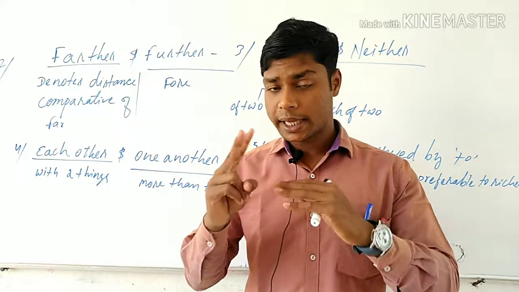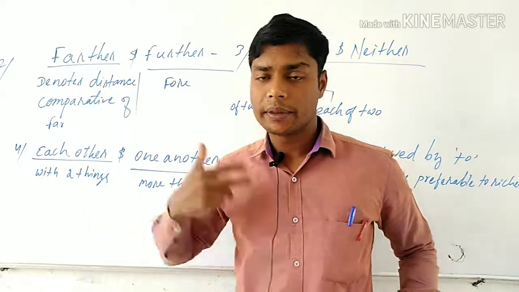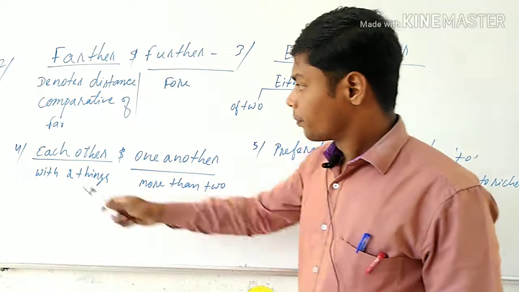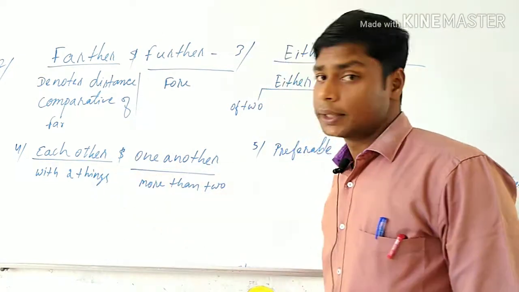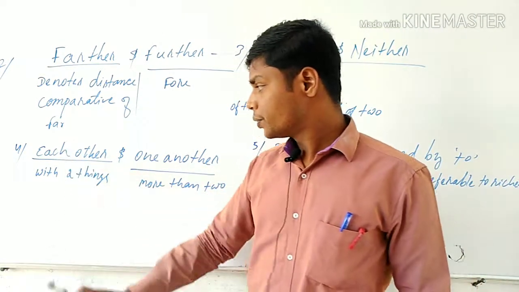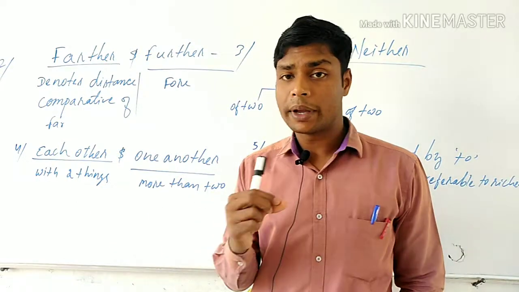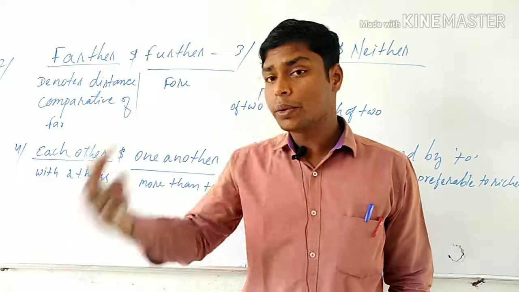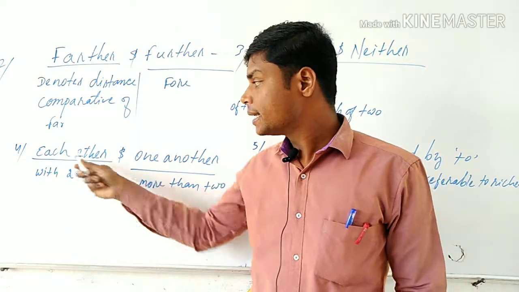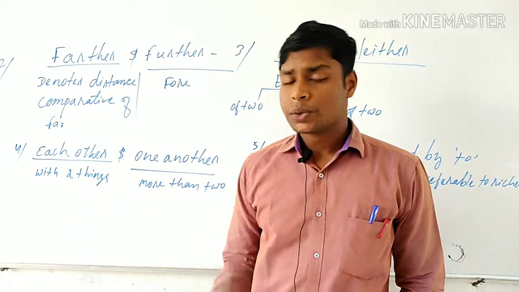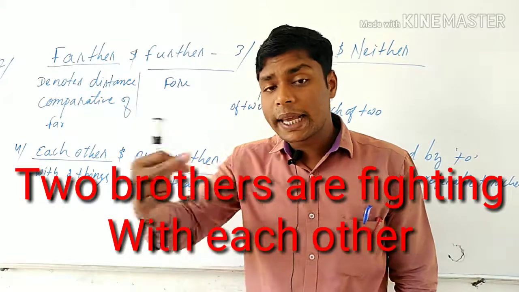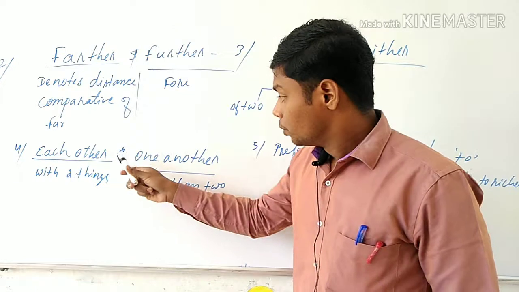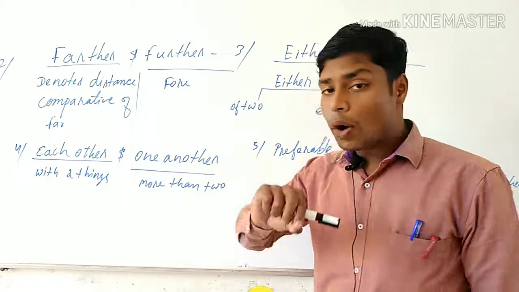That means it's giving an option to the others. Now let us turn to each other and one another. Remember, each other is used with two things. When we are speaking about two people or two animals, that time we say each other. We say that two brothers are fighting with each other for a chocolate. Whereas one another is used with more than two persons.